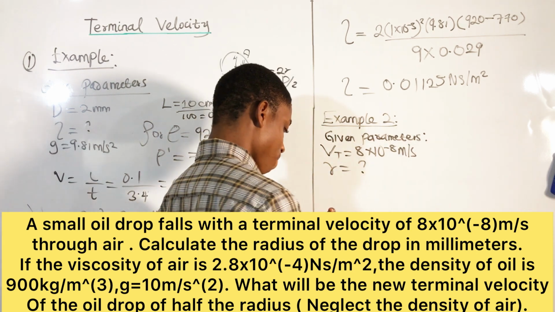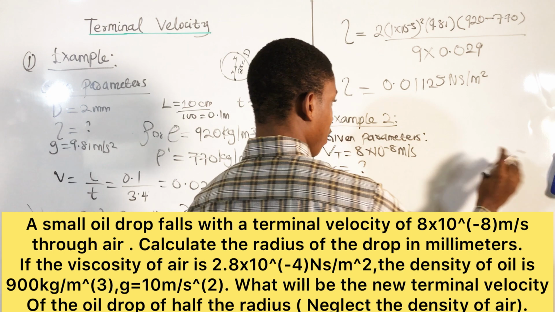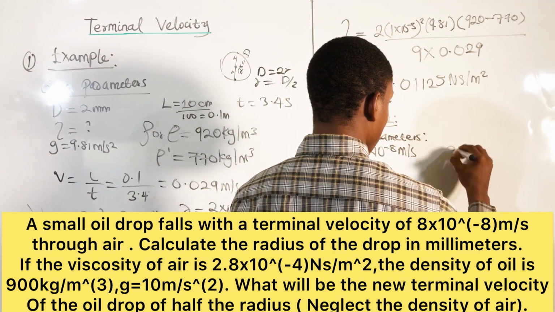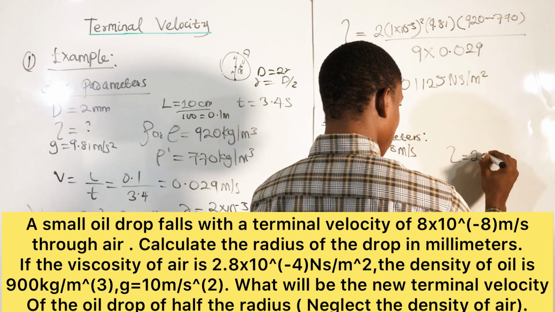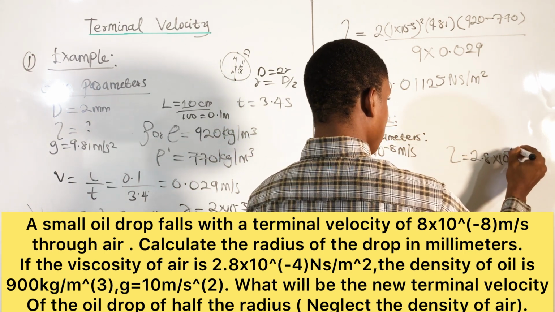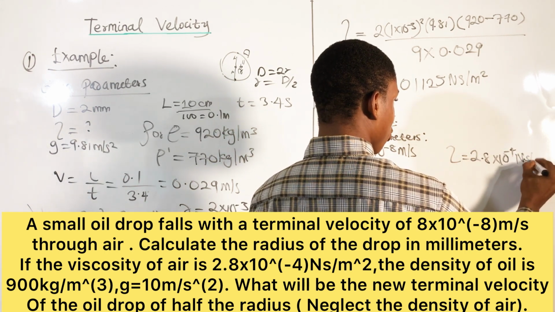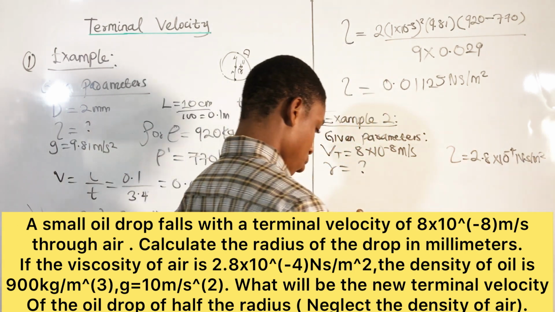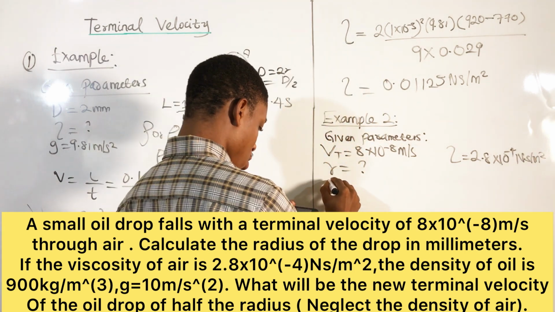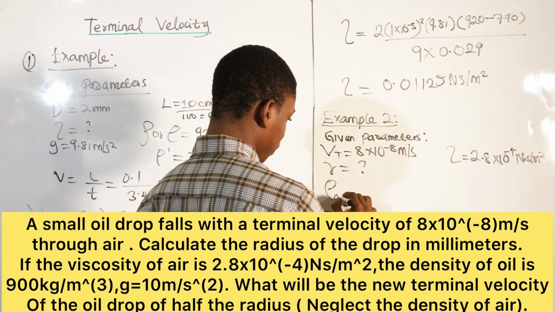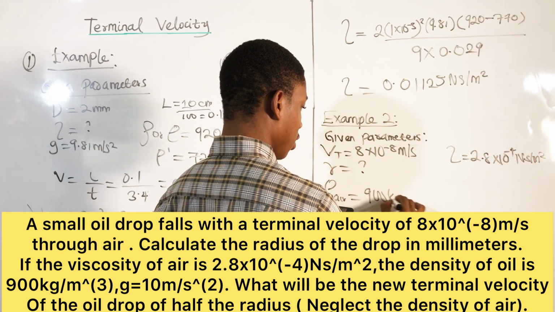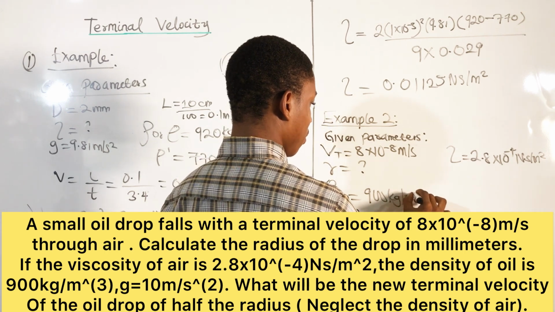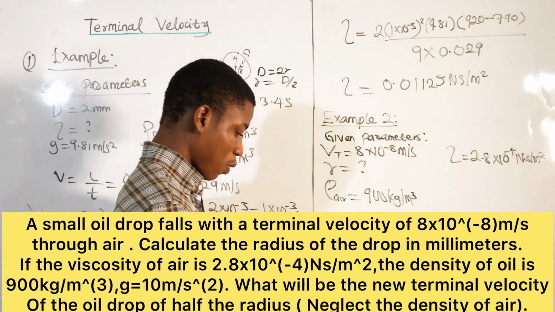We are given the coefficient of viscosity through air, 2.8 times 10 raised to the power negative 4 Newton seconds per meter square. Of course, we are given the density as 900 kilogram per meter cube. Yeah, that's what we are given.